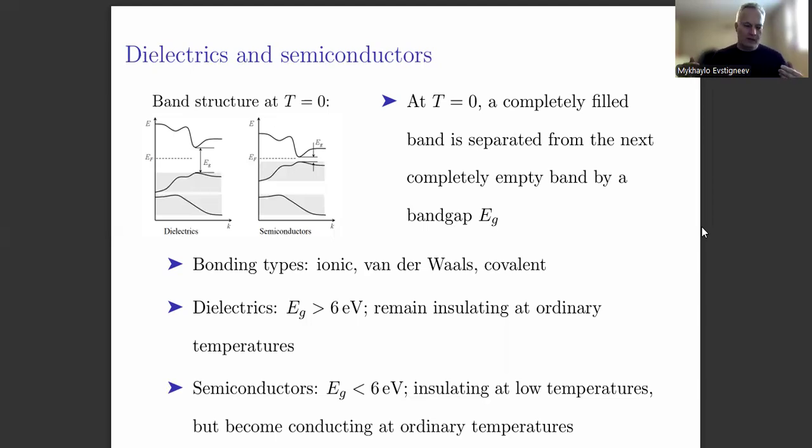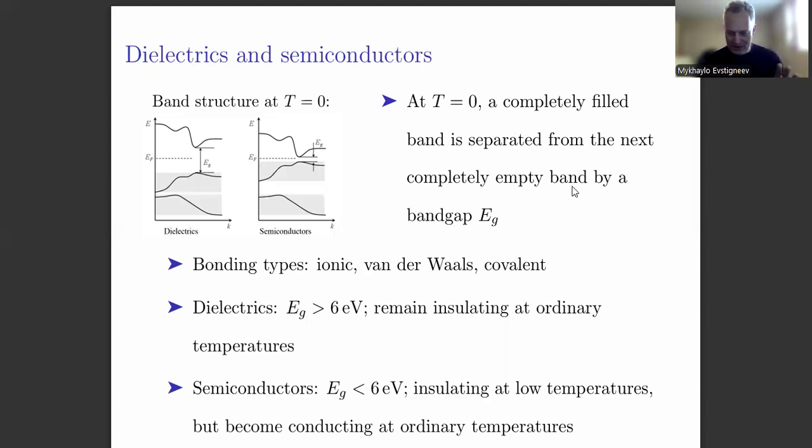So graphite is a semi-metal, but its conductivity depends on the direction in which you apply the electric field. If the electric field is applied in those graphene planes, then conductivity is relatively high, but out of plane, conductivity in the perpendicular direction is low. Why? Because the planes are bound by van der Waals forces. Okay, so this is all very interesting, but I guess I'm digressing a little bit, so let's move on.